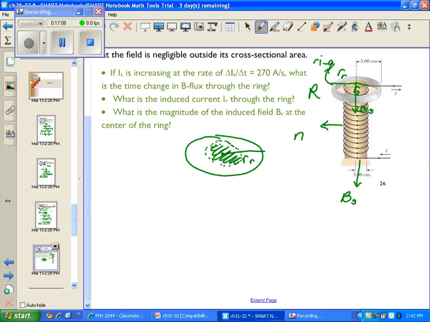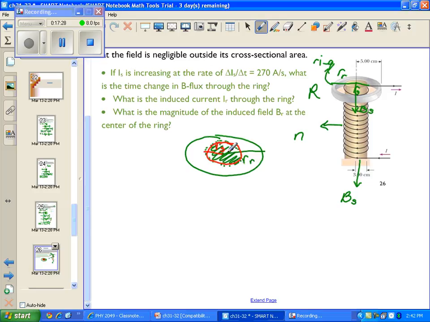And this, of course, is the area of the solenoid. So only the radius of the solenoid cutting through the ring is what is going to constitute a magnetic flux.